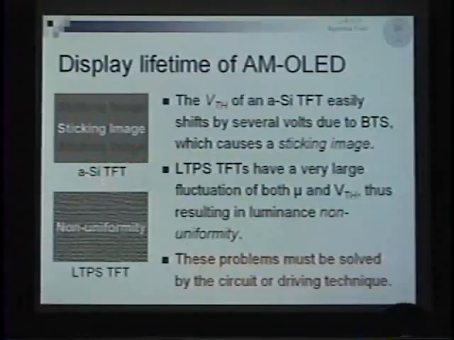And in terms of the low temperature polysilicon, it has another problem: non-uniformity. Low temperature polysilicon has very large fluctuation of both the mobility and the threshold voltage, thus resulting in luminance non-uniformity.